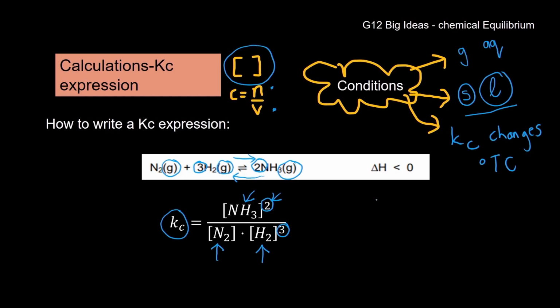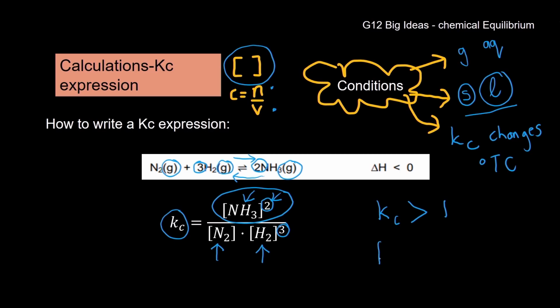Now, if Kc is greater than 1, it means that the concentration of the product of the forward reaction is high. And so we can figure out where this equilibrium is sitting. We can figure out at equilibrium there is a large concentration of product formed.